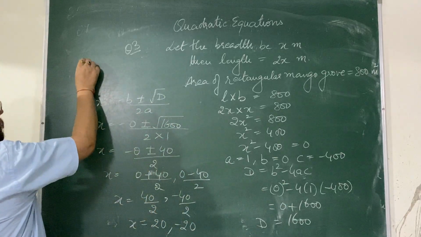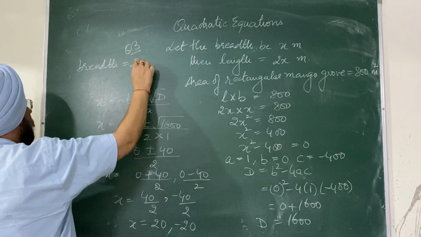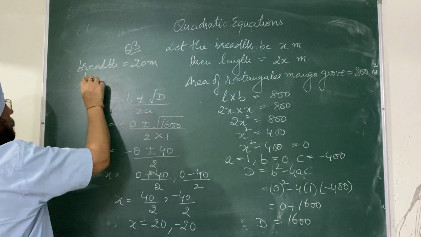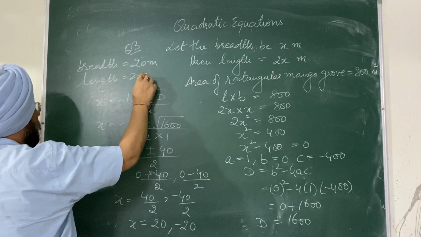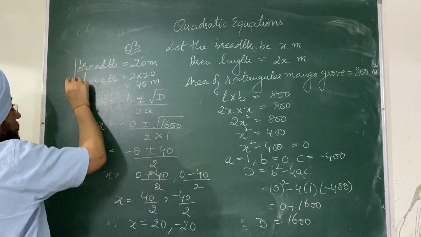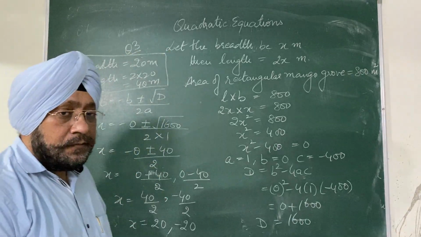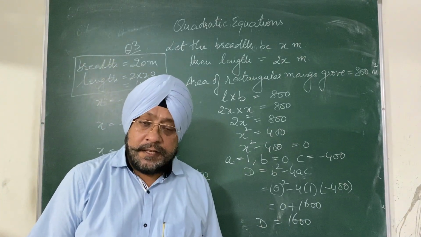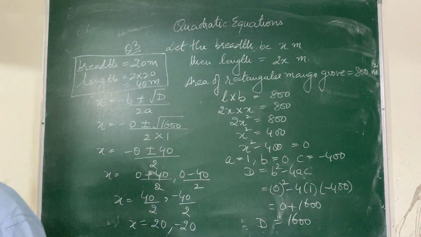It means now breadth is equal to 20 meter. So the length is double of 20 meter, and that is equal to 40 meter. So this is the solution of question number 3. Is it clear to all? Okay. Now let's come to the next question number 4.